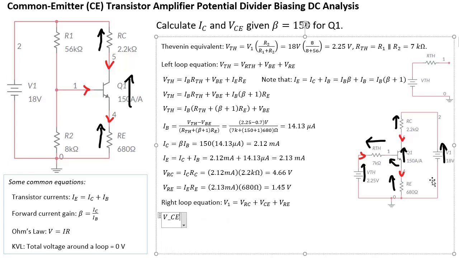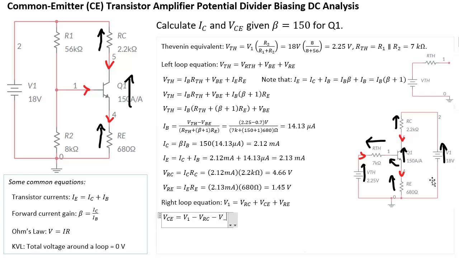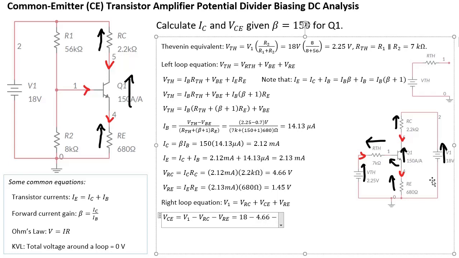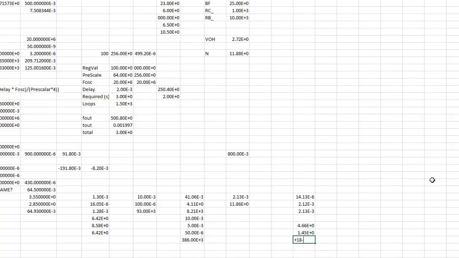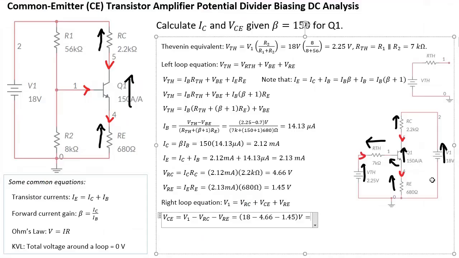VCE is equal to V1 minus VRC minus VRE, which is 18 minus 4.66 minus 1.45, so it's 11.89 volts. So that's the final answer.